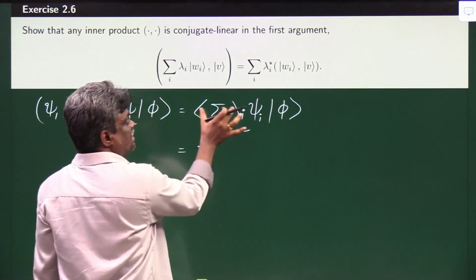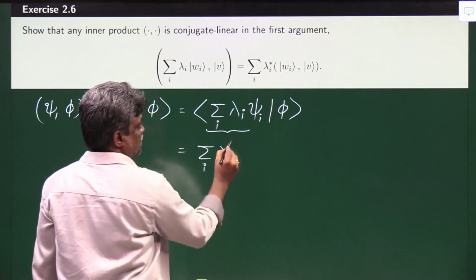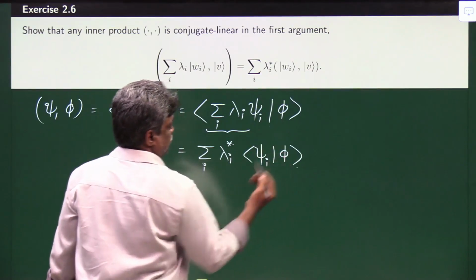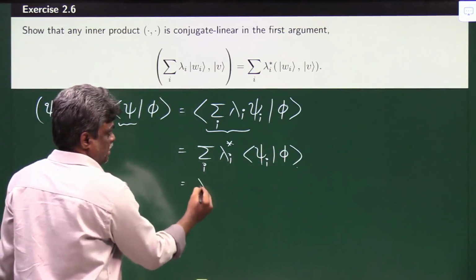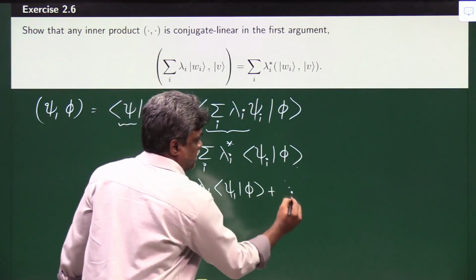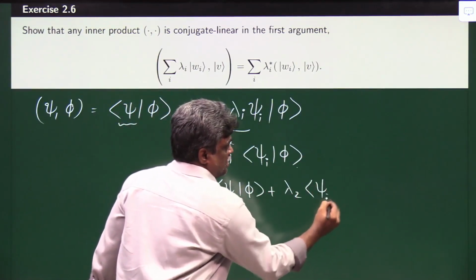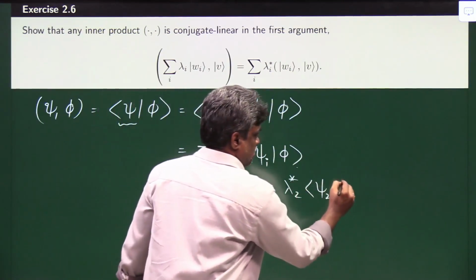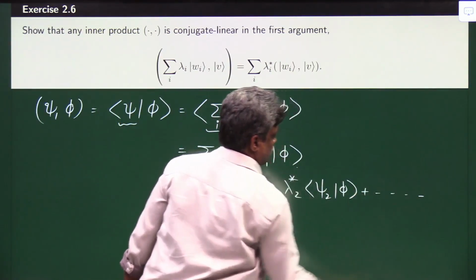This lambda i is in the bra vector, so lambda i star, bra psi i ket phi. So this is nothing but lambda 1 star bra psi 1 ket phi plus lambda 2 star, and so on.